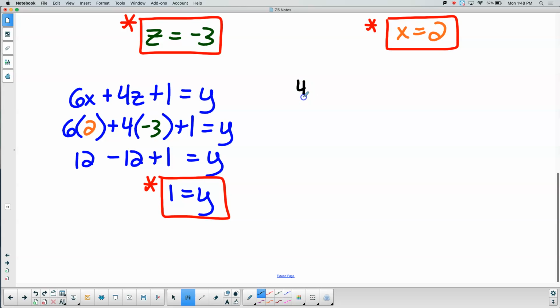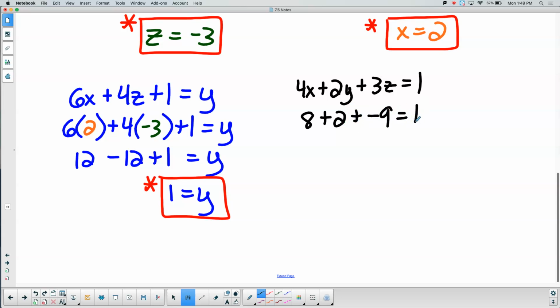First equation was 4x plus 2y plus 3z equals 1. 4 times 1 is 4. Excuse me, whoa, tap the brakes, I was going off of x. 4 times 2 is 8. 2 times 1 is 2. 3 times negative 3 is negative 9. 8 plus 2 is 10, minus 9 is 1. Checks out in the first equation.